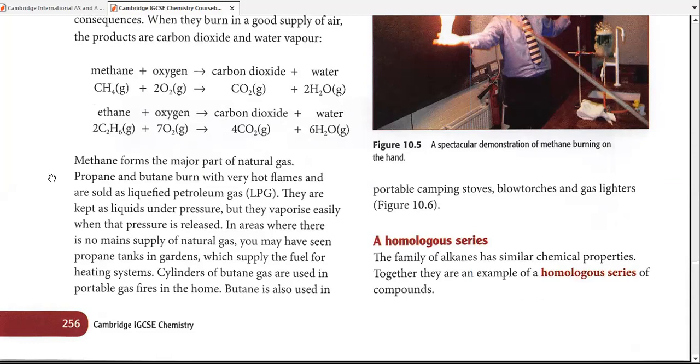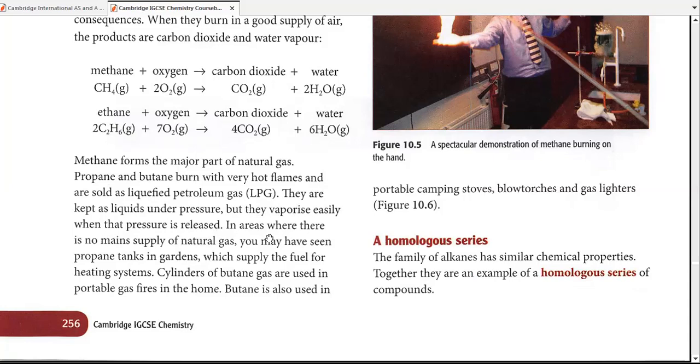Propane and butane, however, burn with very hot flames and are sold as liquefied petroleum gas, LPG. Now, LPG is quite common in the usage of cylinders all over the world or even in Pakistan. They're kept as liquids under pressure, but they vaporize easily when that pressure is released.